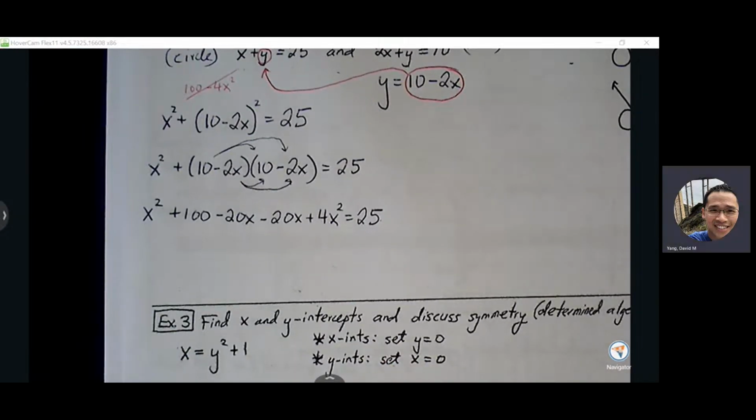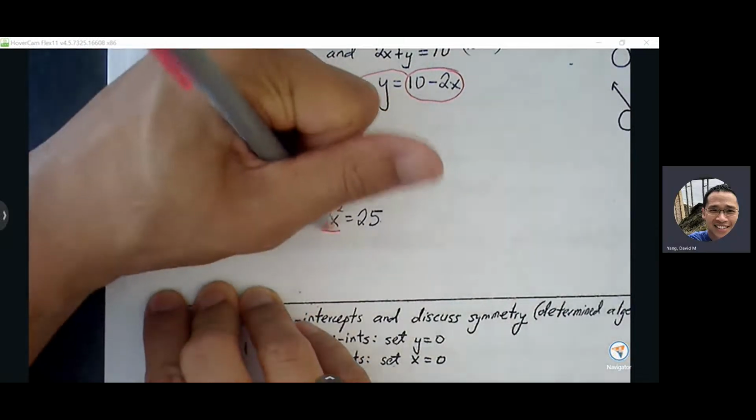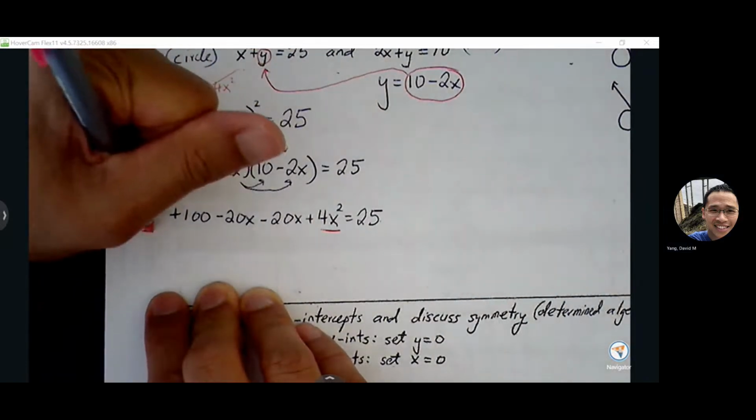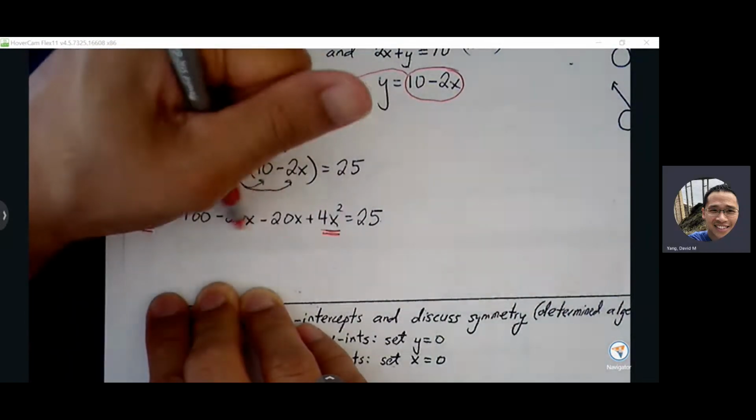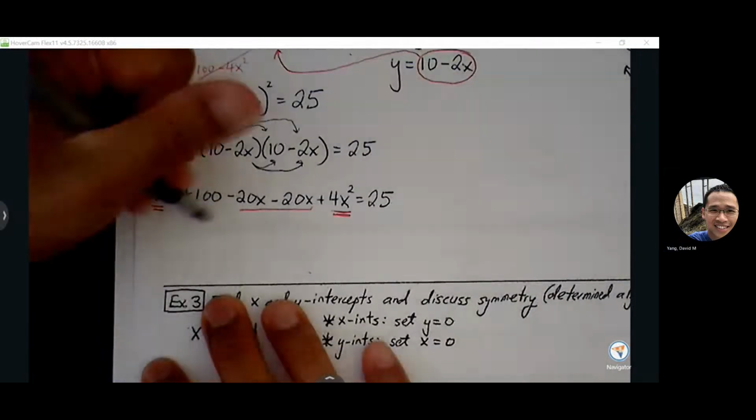Okay, let's combine some like terms. We can also try to get everything over to one side of the equation, force a 0 on the other side. 1x squared plus 4x squared is 5x squared. You've got these middle terms here that you can combine.